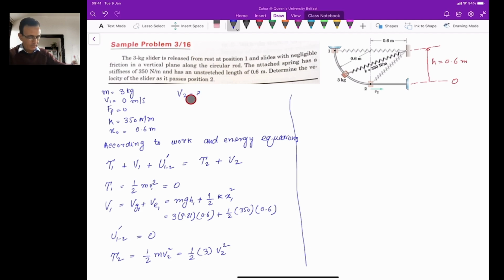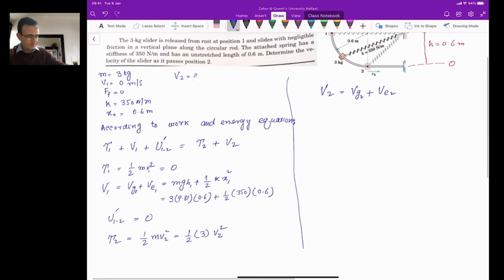Okay, and now we can also write V2, which is the final potential energy, which is again Vg2, the gravitational energy, and the elastic potential energy, so Ve2.